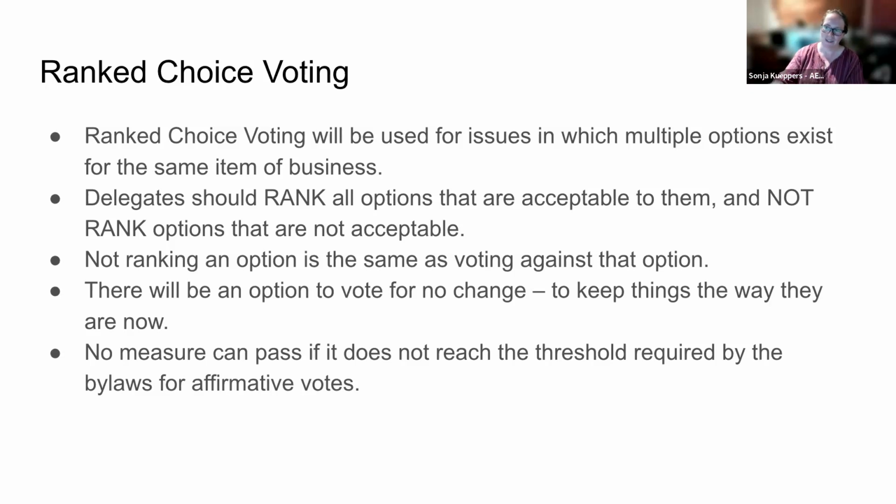The reason for that is because no measure on our agenda can pass if it doesn't reach the threshold required by the bylaws for affirmative votes. So most of these matters of business, I think all of the ones on this agenda that are not related to directors and officers, require a majority of people to vote affirmatively for them.